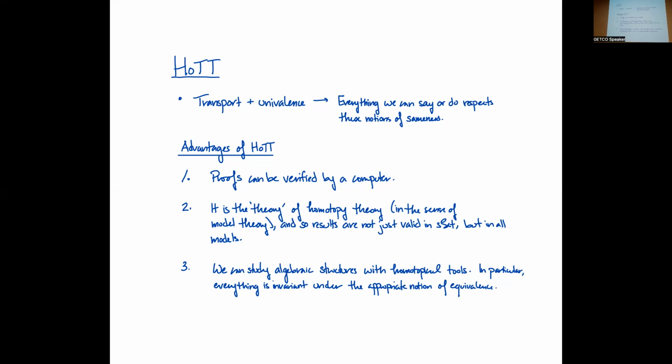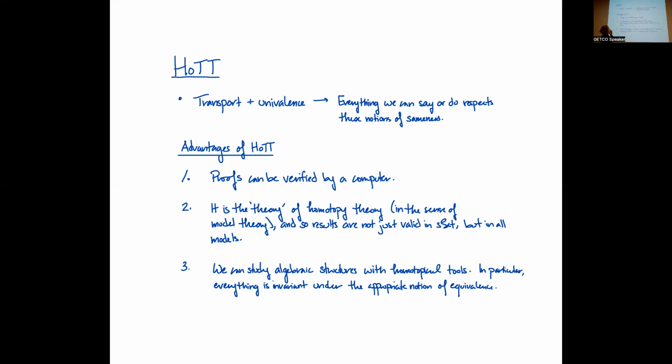If we do homotopy theory in the traditional way by just thinking about simplicial sets and trying not to do anything that's not homotopy invariant, it's kind of hard to tie our hands behind our backs by ourselves. But in the language of homotopy type theory, we can only say things that are invariant under homotopy theory. So it's kind of the actual language that I think mathematicians have always envisaged when they use the phrase homotopy theory.